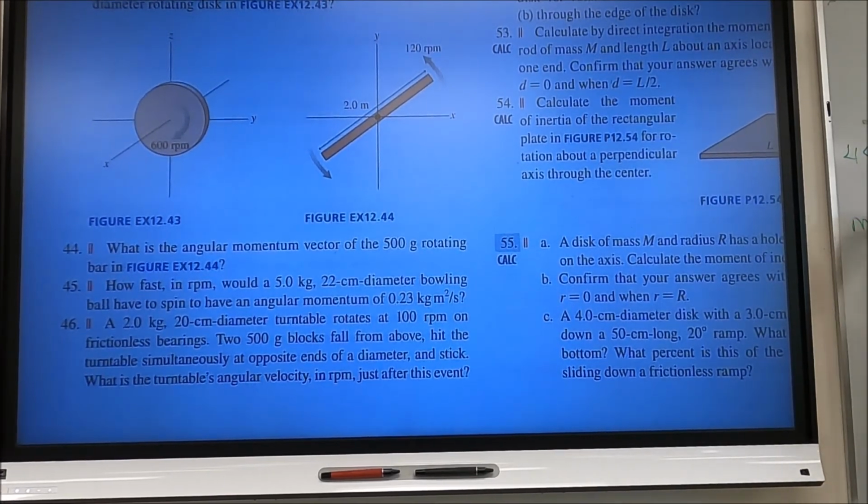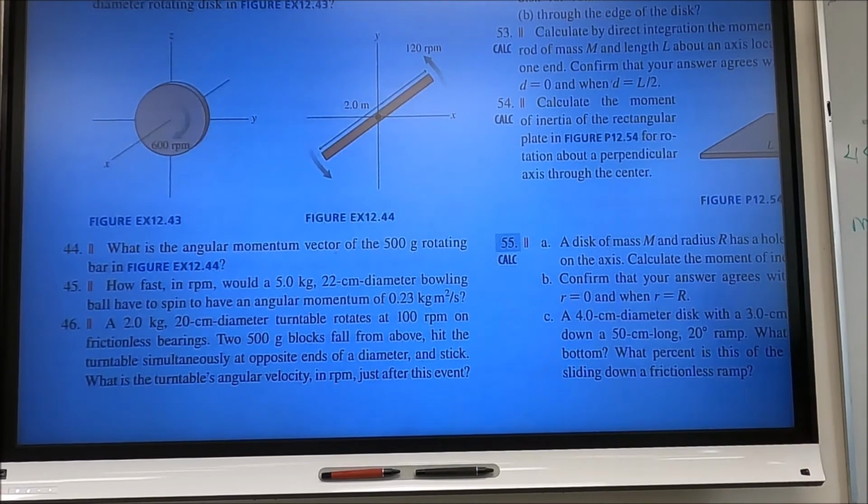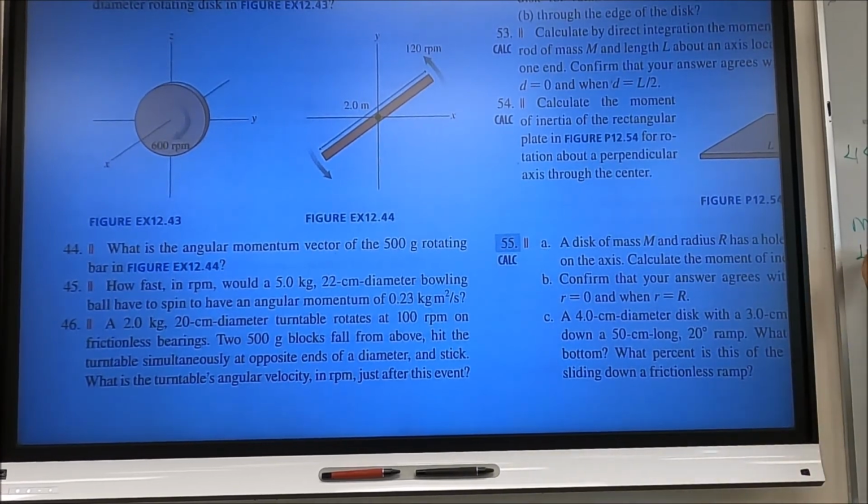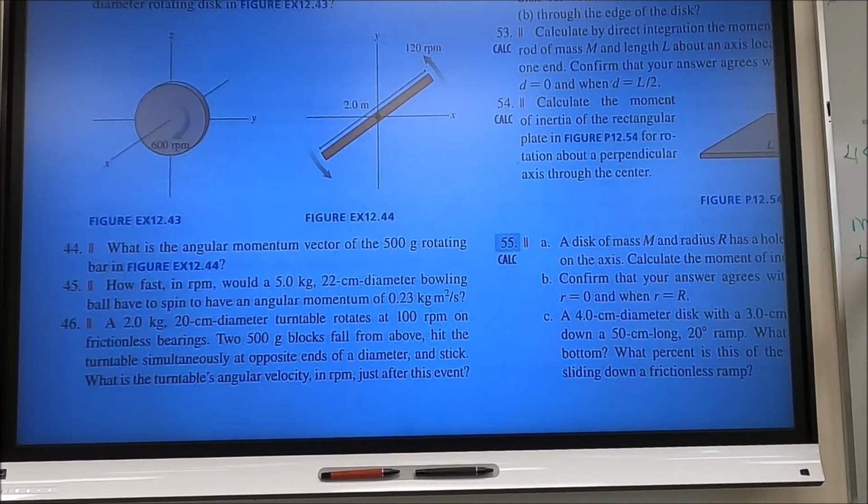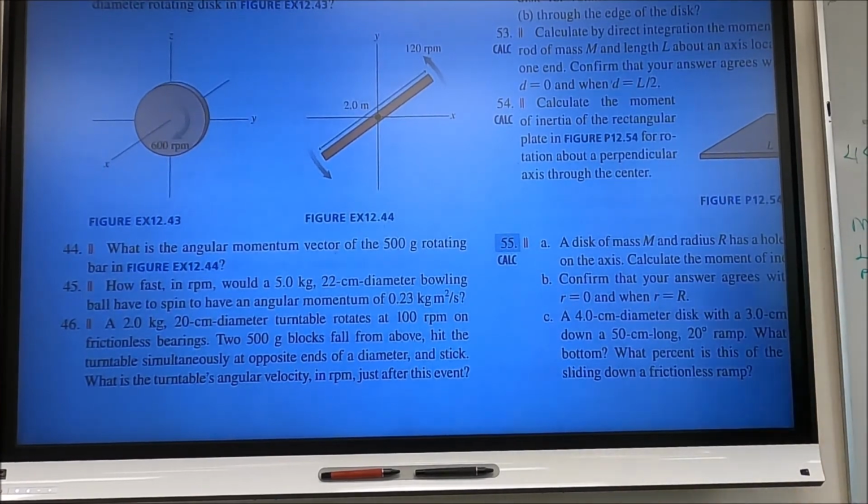We're told that the mass is 500 grams, and looking at it, the length is 2 meters, and the pivot point is at 1 meter.